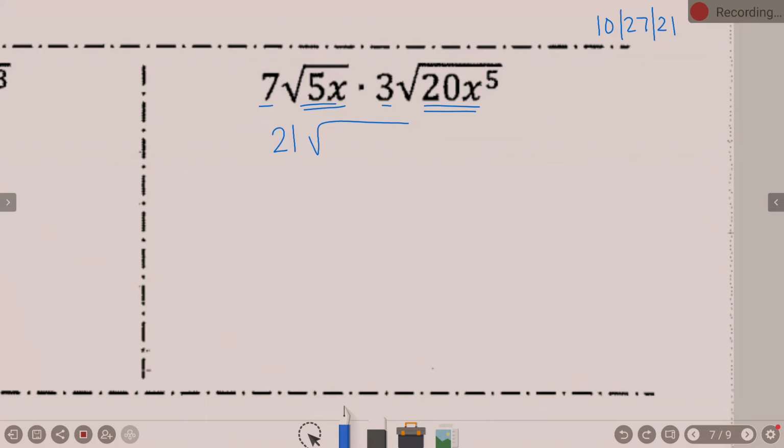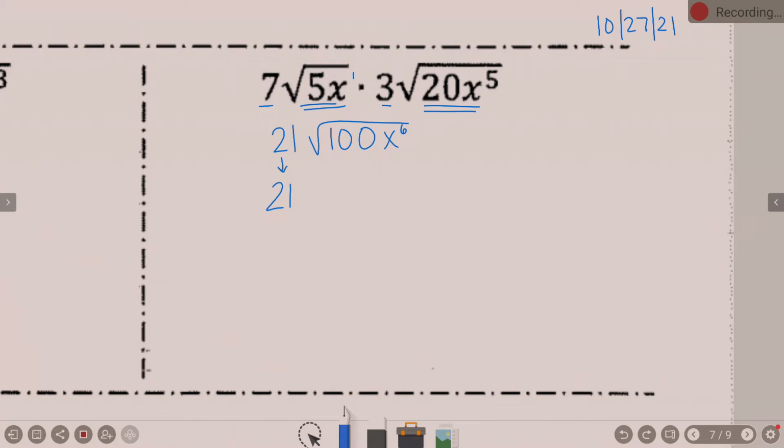Okay, 5 times 20 is 100. And then x to the invisible 1 times x to the fifth. We add the exponents, x to the sixth. Okay. That 21 out front is going to carry down as 21.